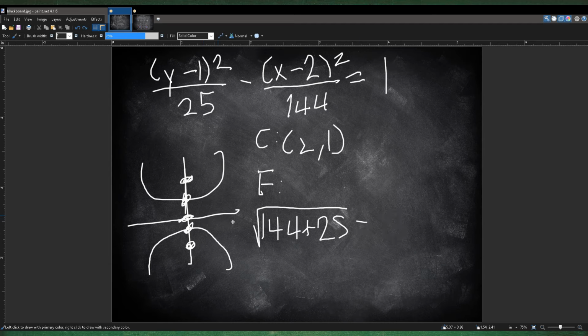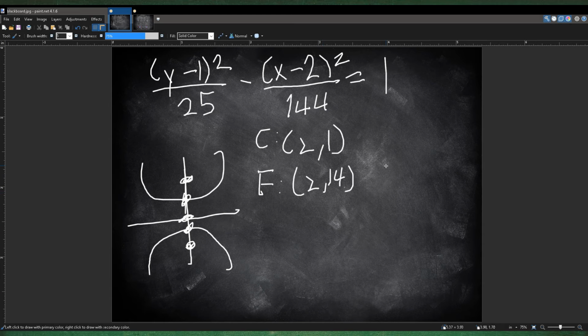So the foci are going to be 13 up and 13 down. So the foci are going to be 2, and then 1 plus 13 is 14, and 1 minus 13 is negative 12. So 2, 14 and 2, negative 12. Okay?